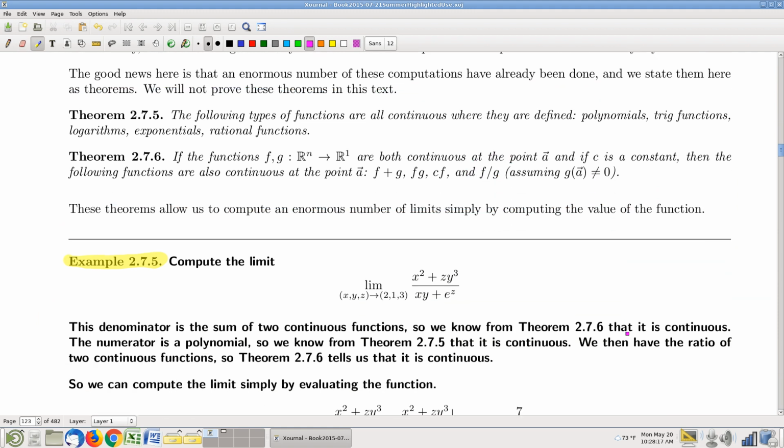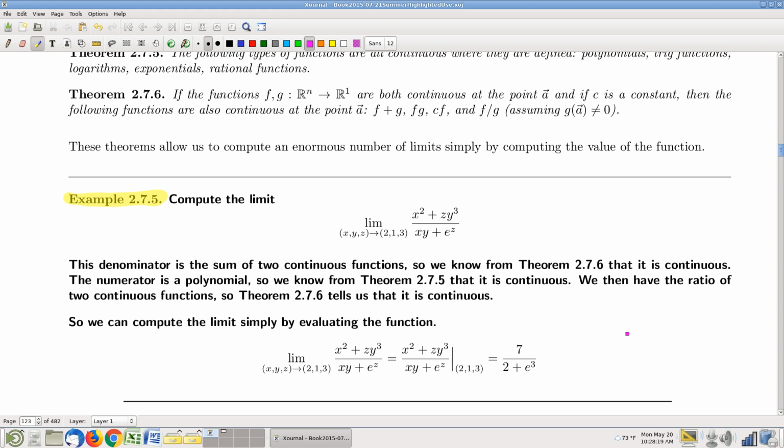So, how do you compute this limit? And this, at a glance, looks like a really hard problem. Look how nasty our objective function is. Until you realize that there's nothing bad happening in this function. At 2, 1, 3, you plug in, and there's nothing. We're not taking a square root of something that's borderline 0.